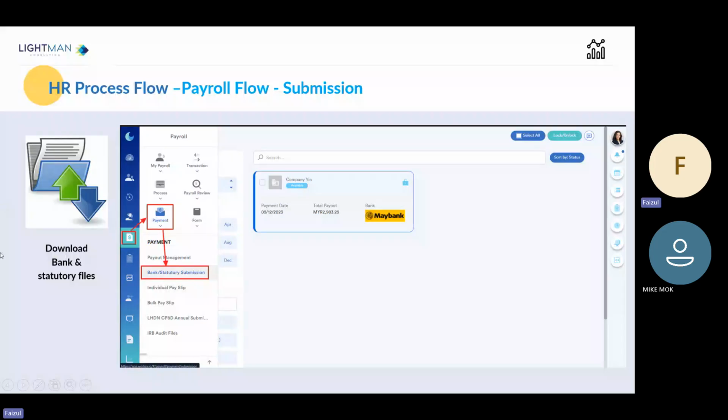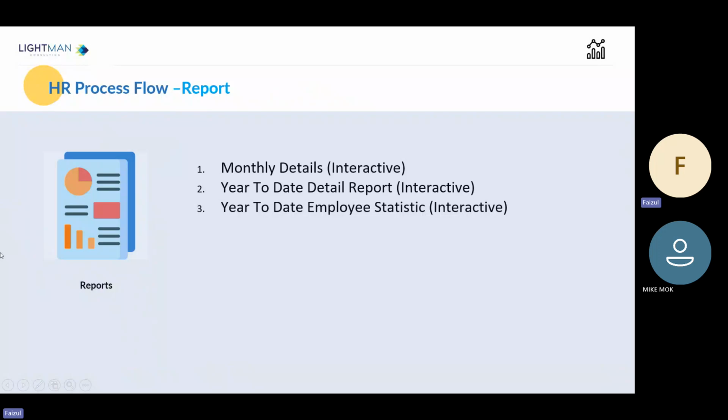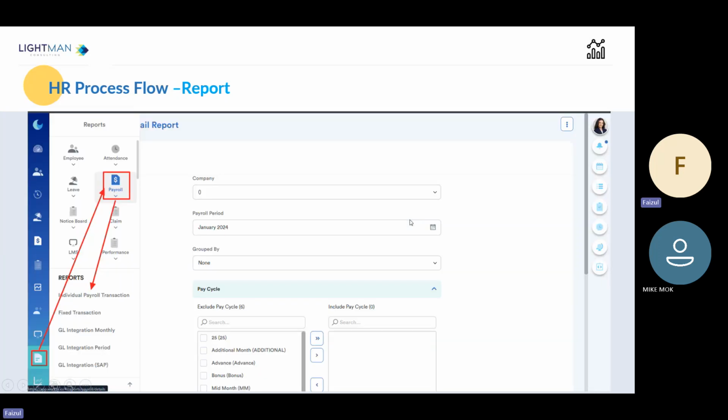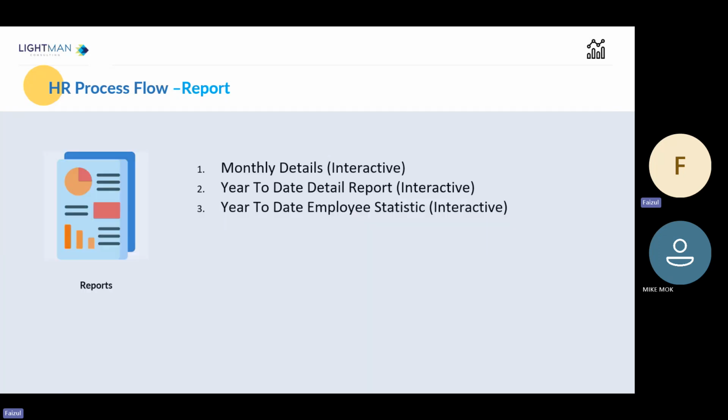Next, we go to the report. We have three reports here: monthly details interactive, year to date details report interactive, and year to date employee statistic. So how to go to the report? First go to the report, and this is the list of reports we have, but we focus on three reports only at the moment.